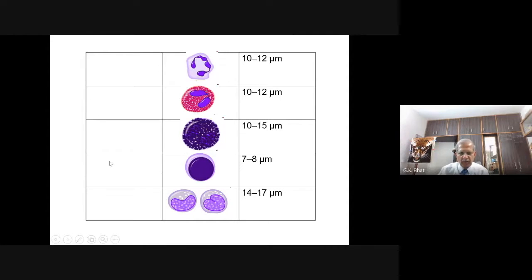This is lymphocyte. And these are monocytes. Monocytes are the largest cells with 14 to 17 micrometer diameter. And lymphocyte is the smallest WBC in size. Monocyte is the largest one. Lymphocyte is the smallest one. Right? This is with regard to the size of the cells.